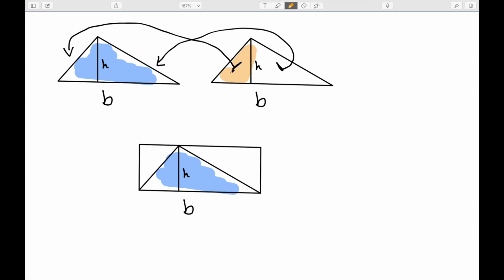This piece here that's on the left comes over here. And this larger piece on the right comes down here. So we do have two full copies of the triangle here. And this is still a rectangle, so the area of the triangle would still be 1/2 base times height.